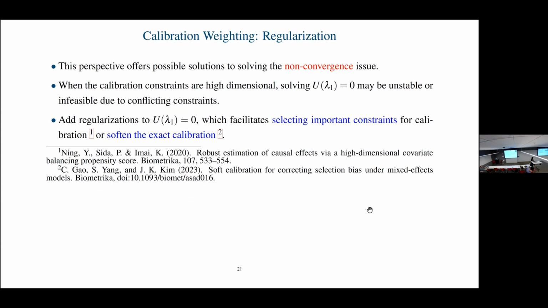We can add regularization to the estimating equation, and this facilitates selecting important constraints for calibration among a large number of constraints, or softening the exact calibration constraint. So adding regularization may help to resolve this non-convergence issue.